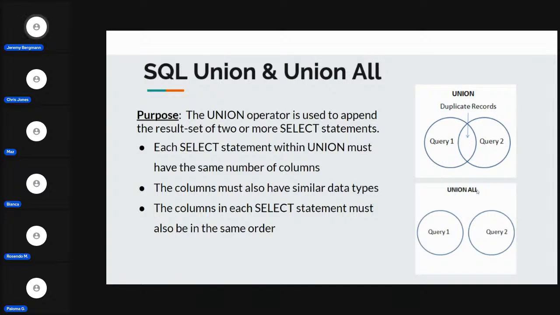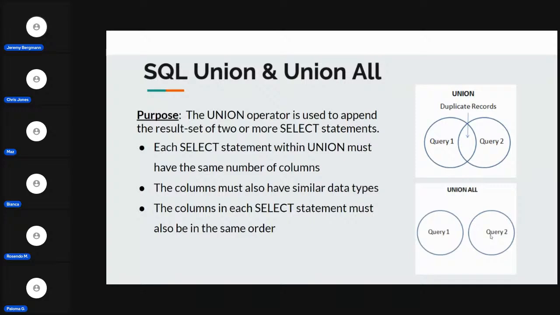But union all could also be useful. This will include everything from query 1 and query 2, whether or not there are duplicates in the middle. This could be useful for just appending, and sometimes having duplicates from the first query and the second query will actually tell you something about the two data sets when including them together.